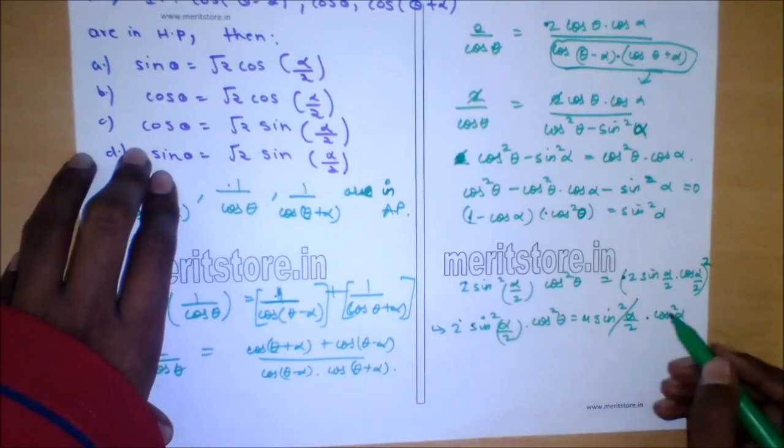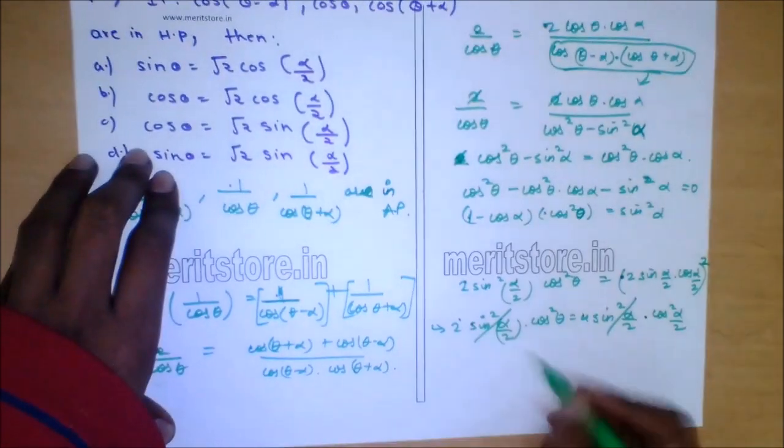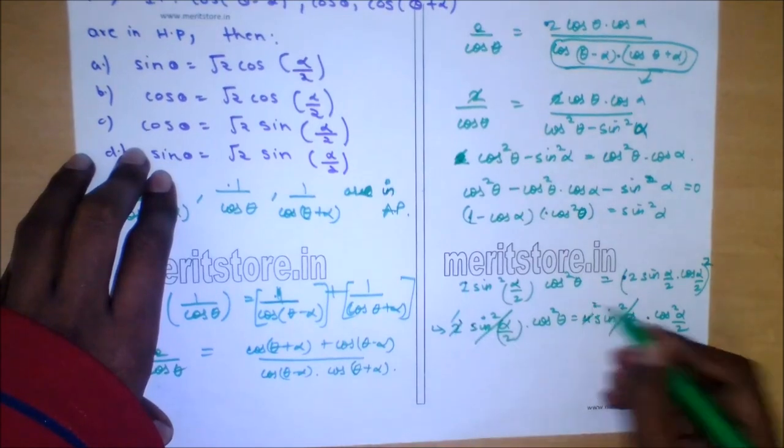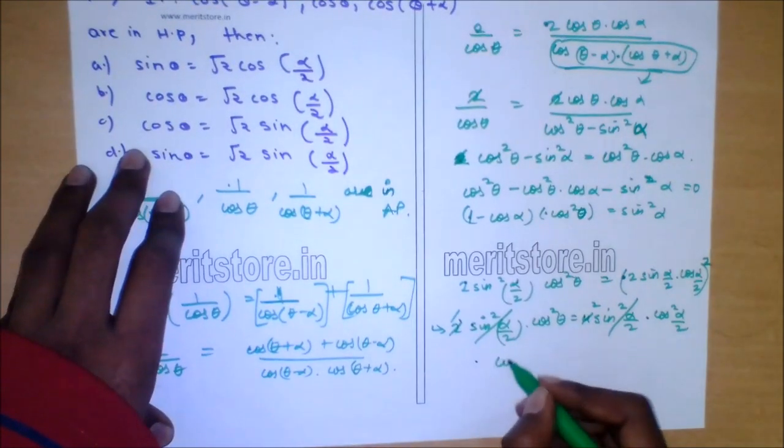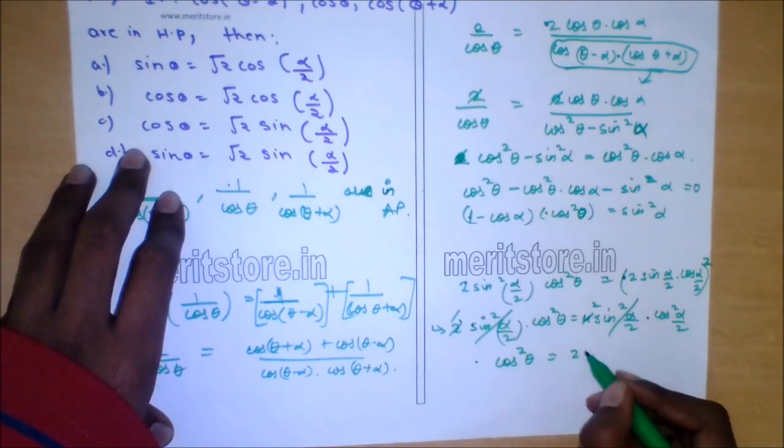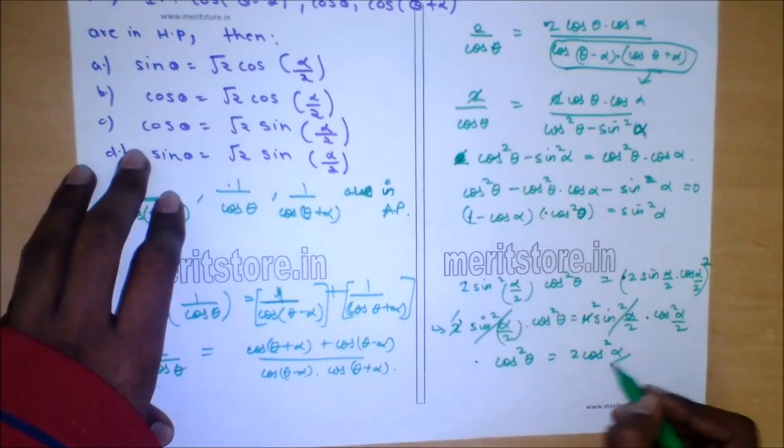Sin square alpha by 2 gets cancelled and 2 gets cancelled, so we are left with cos square theta is 2 cos square alpha by 2.